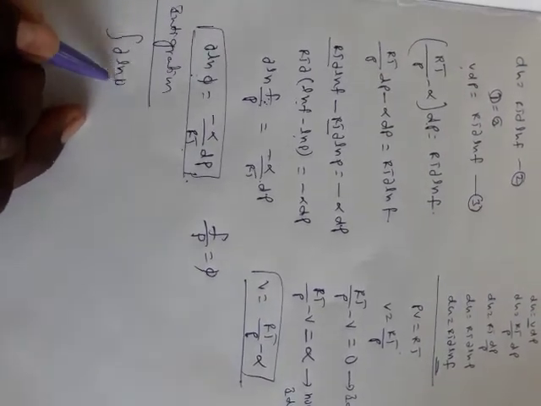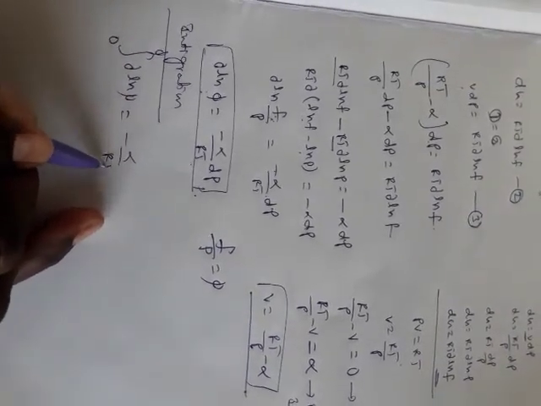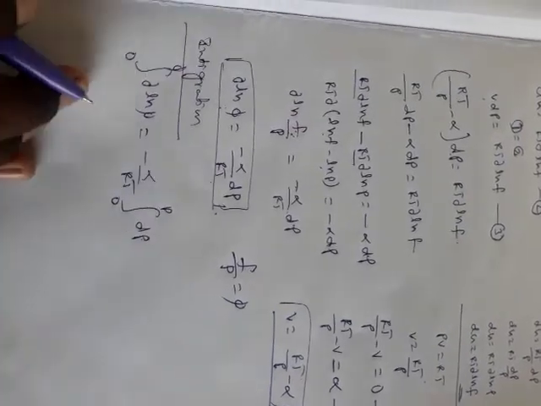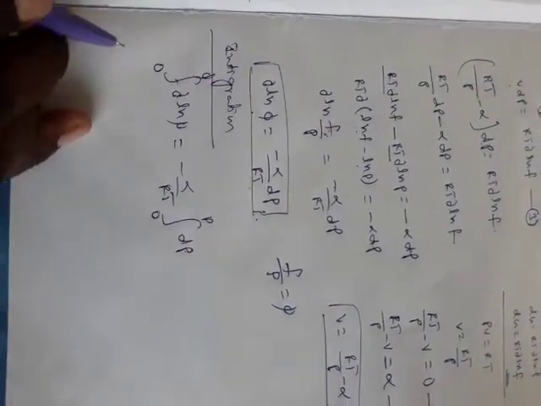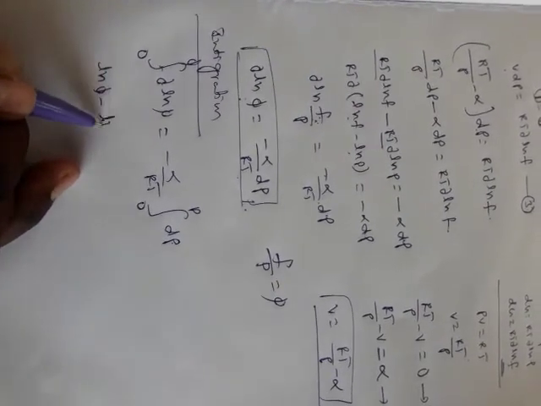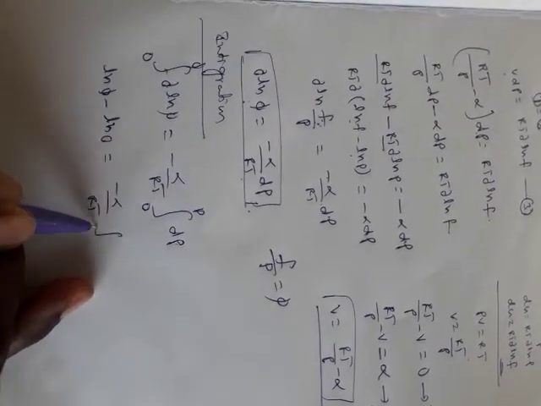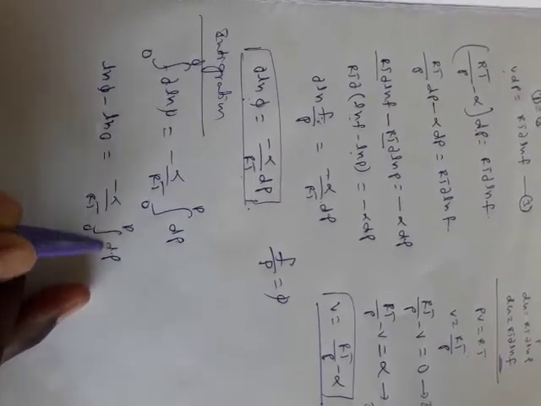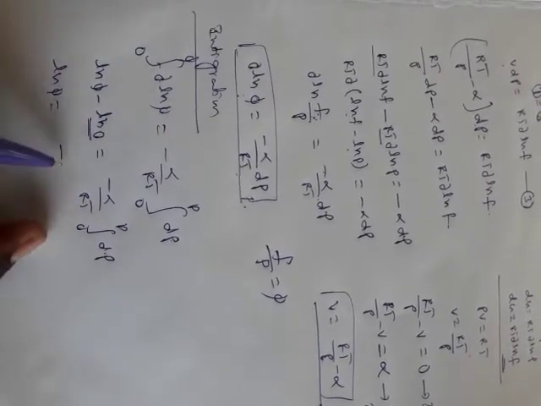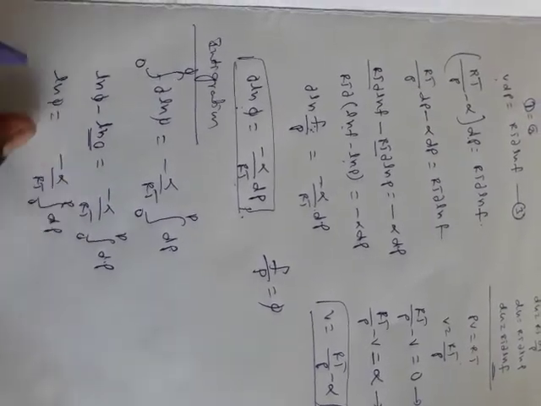Integral of d ln phi from 0 to phi is equal to minus alpha by RT, which is a constant value, integral from 0 to P of dP. So ln phi minus ln 0 is equal to minus alpha by RT integral 0 to P of dP. Ln 0 value is 0. After that, ln phi is equal to minus alpha by RT integral 0 to P of dP.